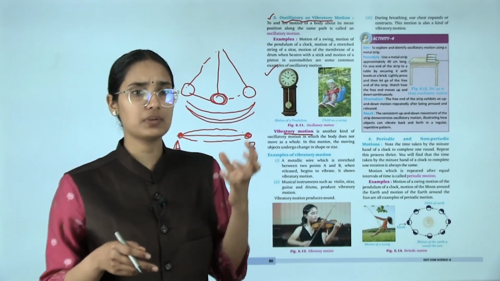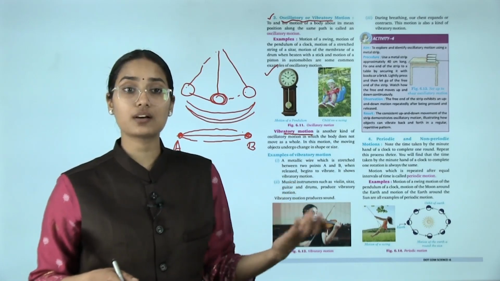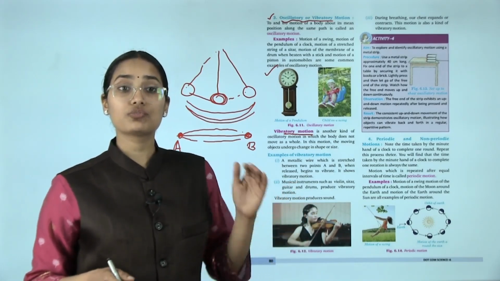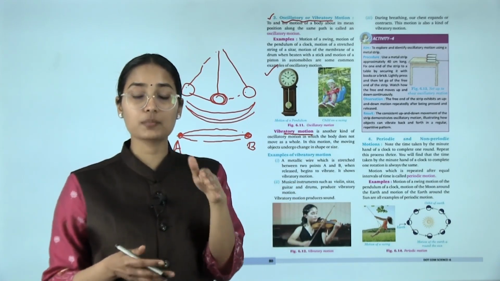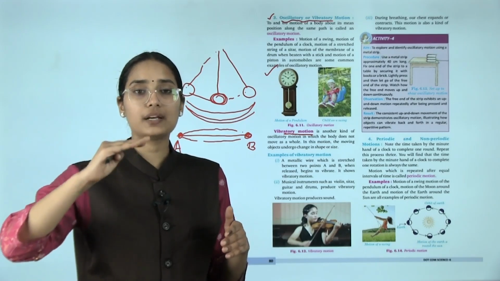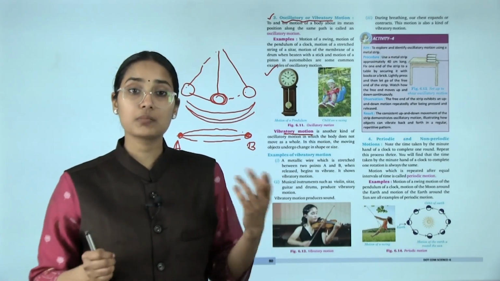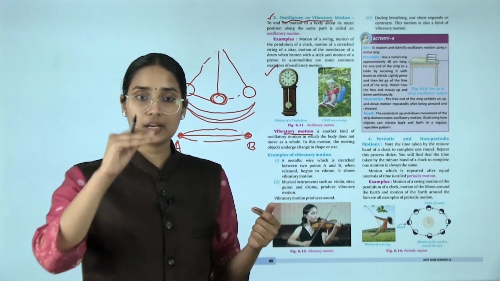Similarly, this vibratory motion happens in musical instruments such as violin, sitar, guitar and drums. The flat part of the drum, when hit by a stick, shows vibratory motion. Similarly, the strings of the guitar show vibratory motion.